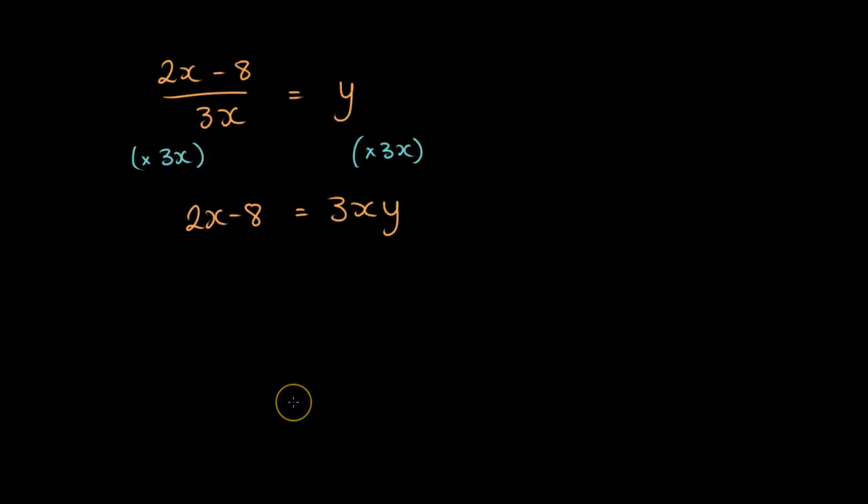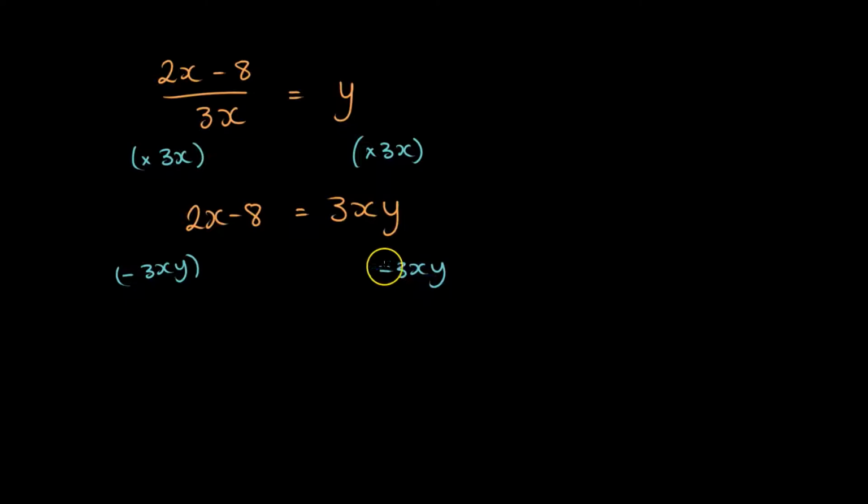Okay, so what do we do now if I want x as the subject of the formula? I need to have 1x on one side of the equation. And the way to do this is to get all of the x's on one side and all of the terms that don't have x on the other side. So let's subtract 3xy to begin with.